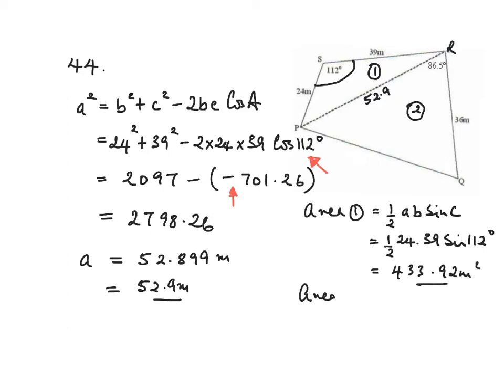Area 2, I'll not write down the formula, so it's a half of 36 times 52.9 times sine 86.5.